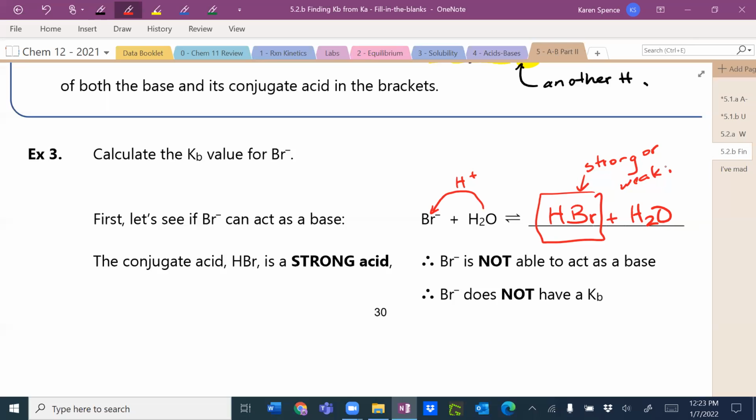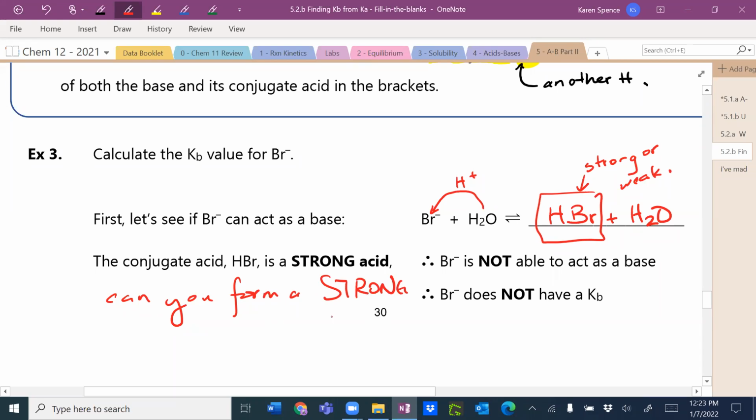If your product is strong, can you form it? Can you form a strong product? No, you can't. HBr is strong, pushing the reaction all the way that way, so it doesn't go that way. So Br minus is not able to act as a base, and therefore it does not have a Kb.